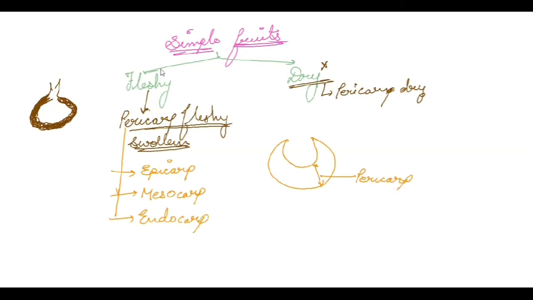Then the outermost boundary, which I'm drawing with this green color, is the epicarp. Then the innermost region, which I am drawing with the blue color, is the endocarp. And the portion in between the two will be known as mesocarp. This complete region is known as mesocarp.